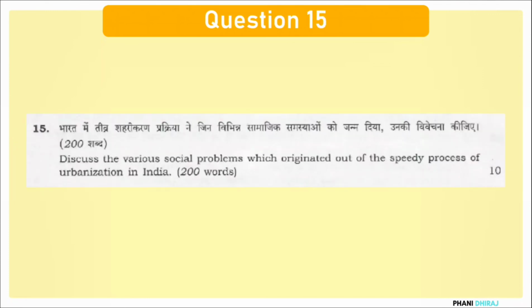Now coming to question number 15: discuss the various social problems which originated out of the speedy process of urbanization in India. Now this is coming back home again, because the last two questions were related to America. Now we are coming to India.